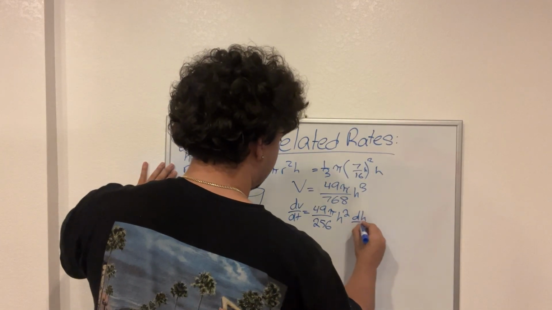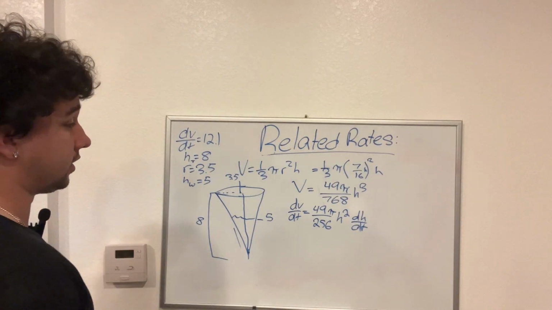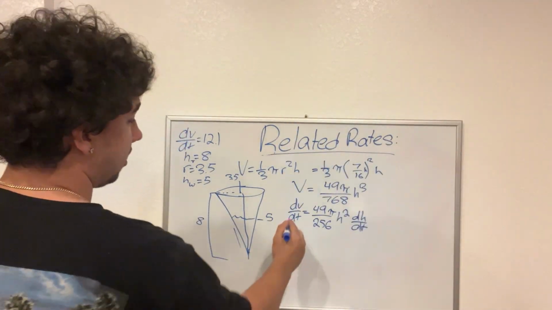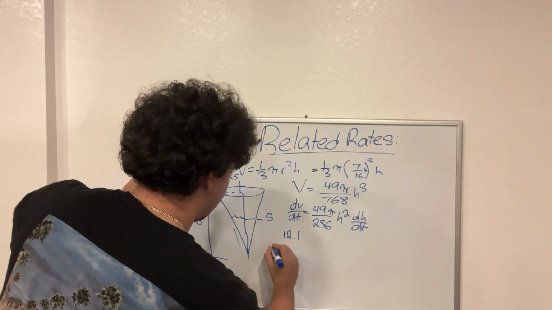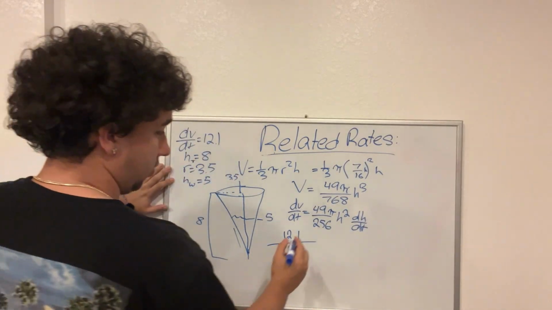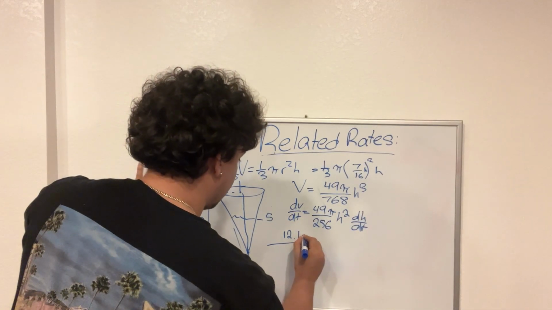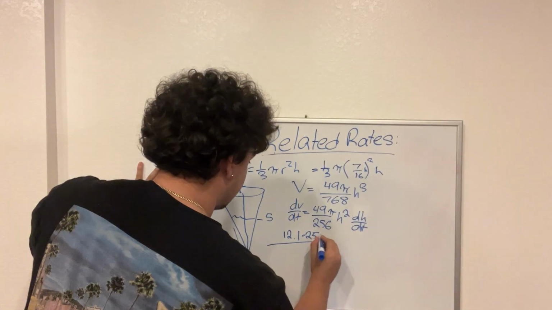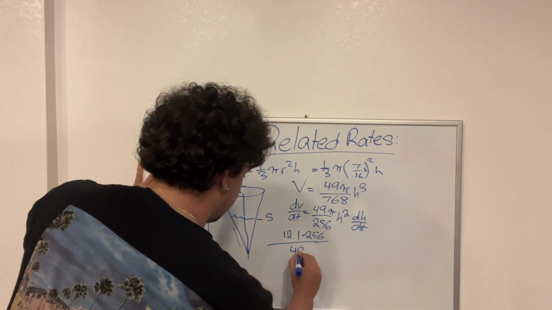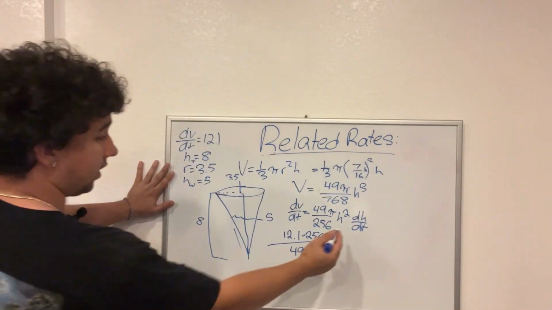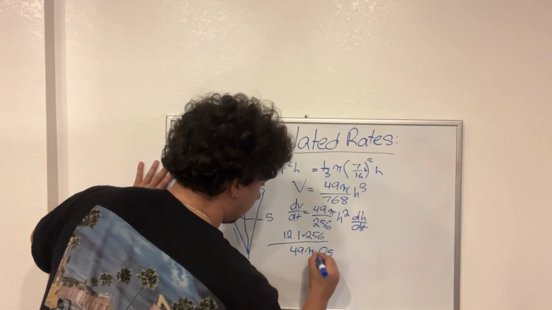dh/dt. And again, in this case, I am solving for dH/dt. So I'm going to divide this whole thing by all that nonsense right there, which is going to give me 12.1 over, well, anytime I divide by a fraction, it's the same thing as multiplying by the reciprocal. So actually I'm going to multiply by 256, and then 49 goes to the bottom. So does the pi. And h is 5, which is going to be 25, and it also goes to the bottom.